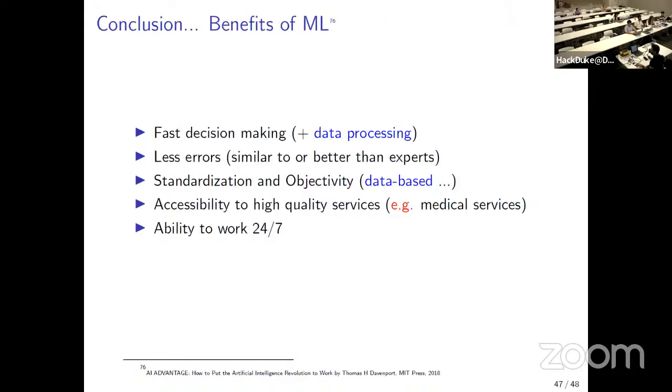Okay, to finalize my talk, I would like to briefly summarize the benefits and the disadvantages of machine learning. The first thing we get, if you develop an application involving machine learning, is fast decision making. You tend to give better decisions than a human, right? And probably you're going to make fewer errors. Again, just to give an example from doctors, you had a really rough day, you had your own problems, you have seen a lot of patients.